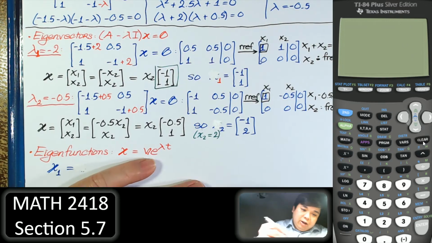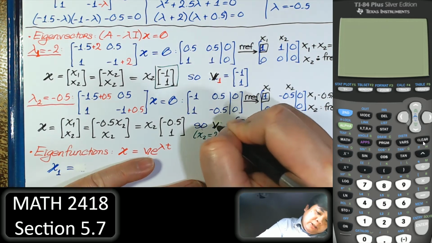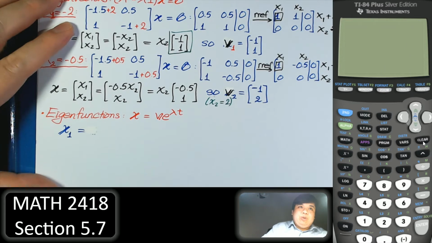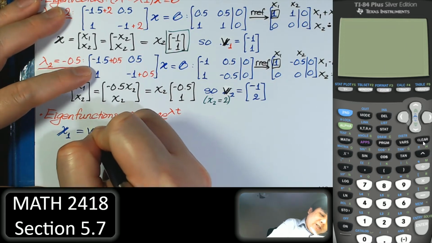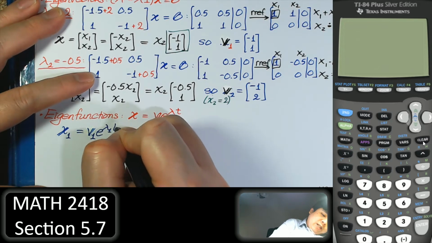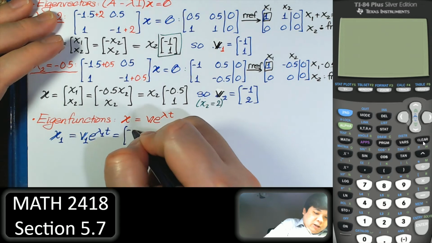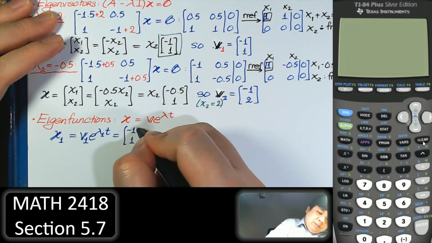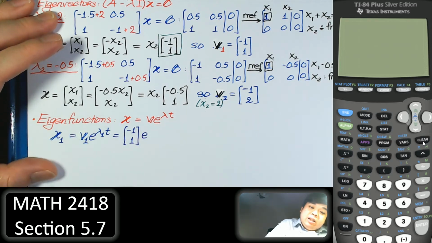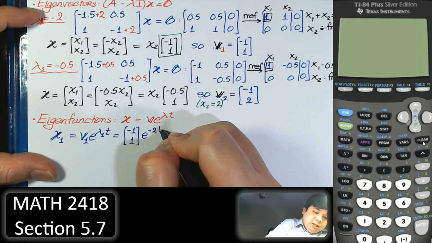So it's not confusing when we write v1 e to the lambda 1 t, where v1 is negative 1 and 1, and e to the lambda, which is negative 2, t.